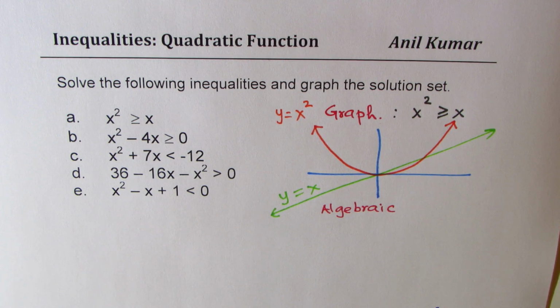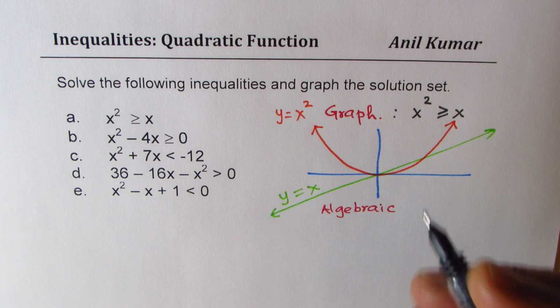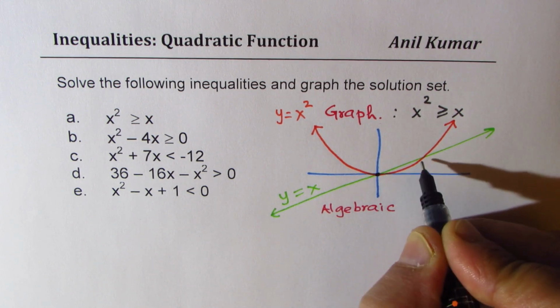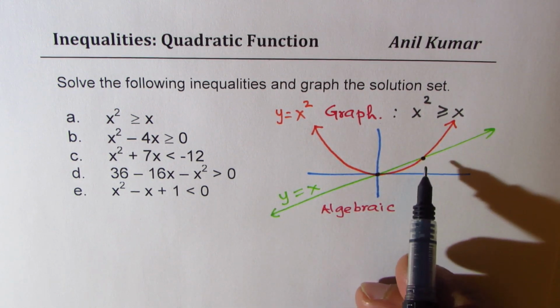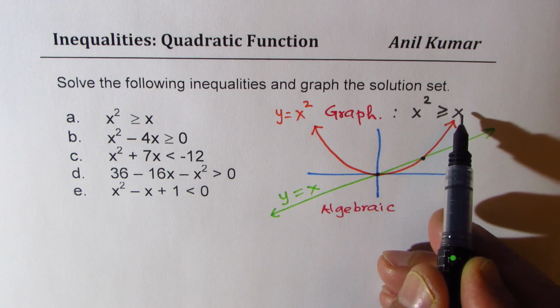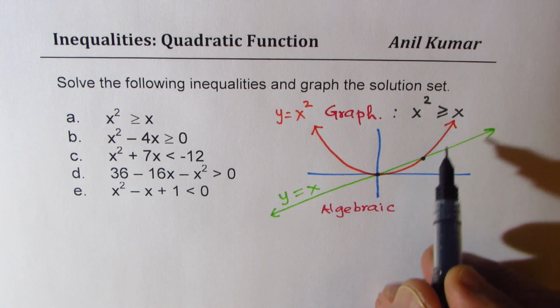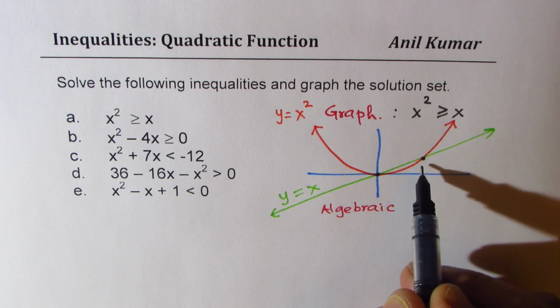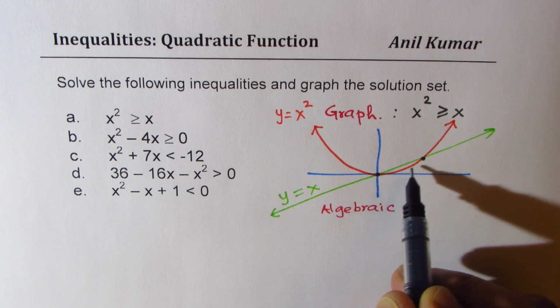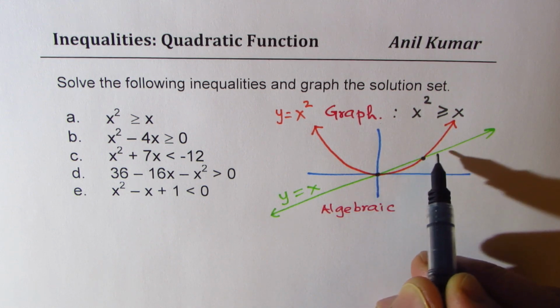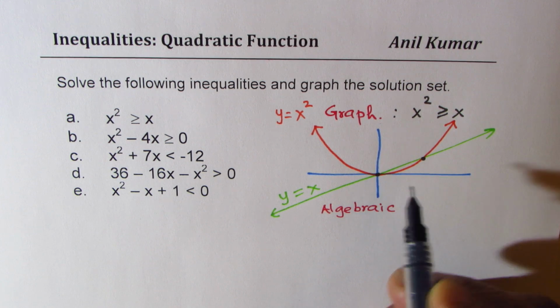Now, clearly, what you see here is that there are 2 points of intersection. Now, when I want the parabola to be greater than x, that means we are interested in everything but for this region where parabola is under the straight line, correct?